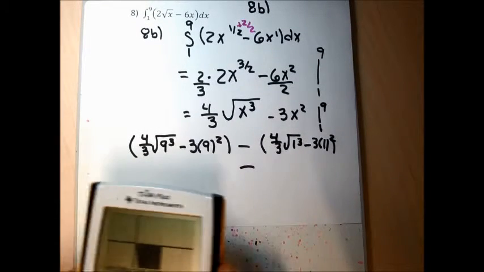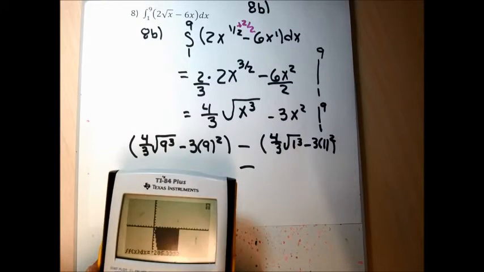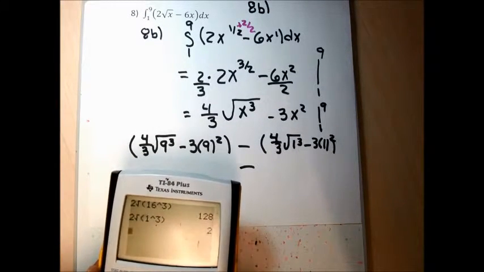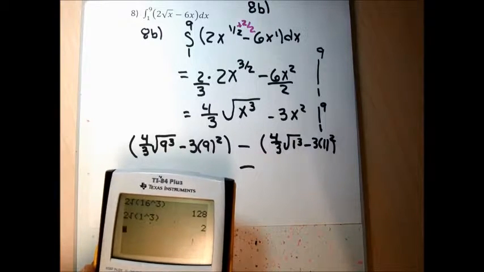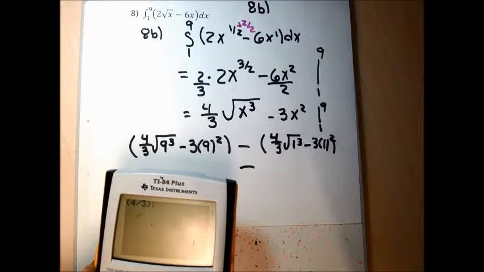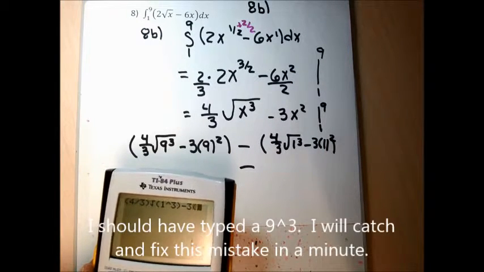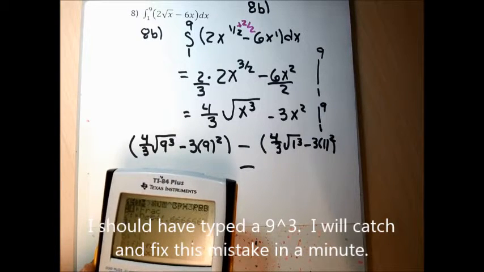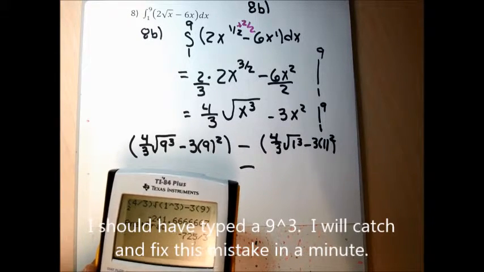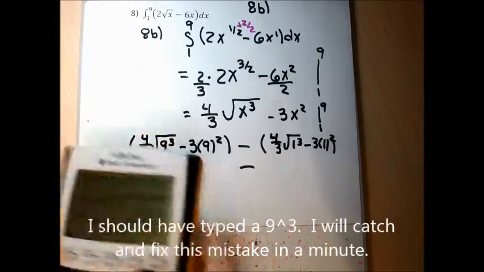So first parentheses, second quit. I'll do 4/3 in parentheses to be safe here, so let me clear this out. I'm going to go 4 divided by 3, second square root 9 up arrow 3, close that parentheses. That's the left half. And then minus 3 and then parentheses 9 squared. It's going to give me a decimal. I'm going to math enter it. That gives me negative 725 over 3.